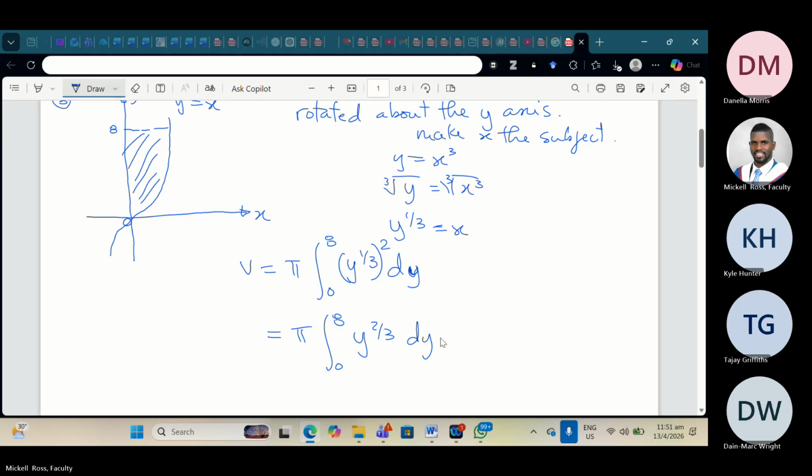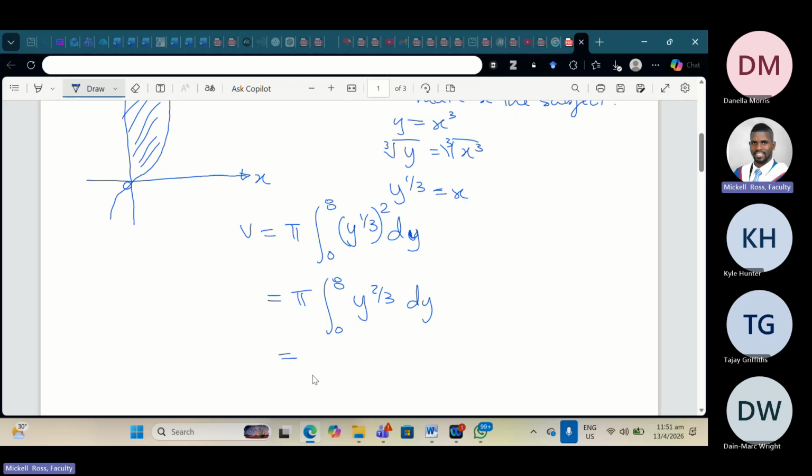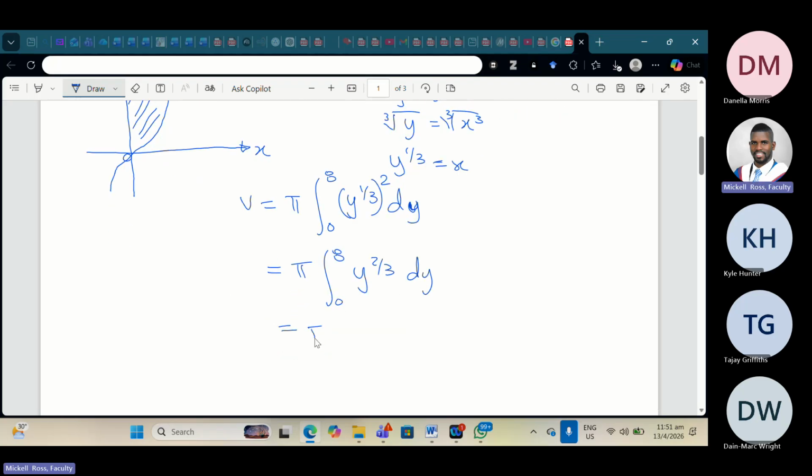So we're going to integrate: add 1 to the power, divide by the new power. So we add 1 to the power, so we're going to get y to the 5/3 divided by 5/3, and we're going from 0 to 8. All right. So the volume is going to be equal to pi times, when y is 8, minus when y is 0.